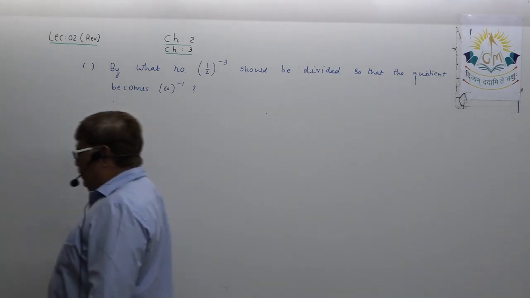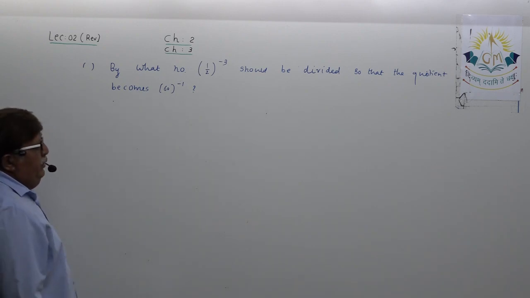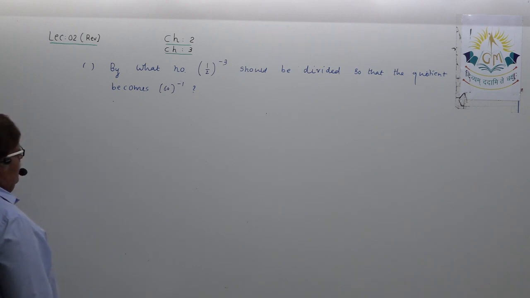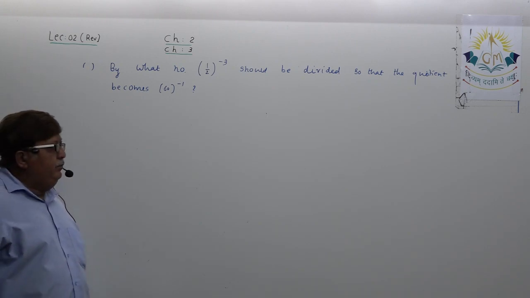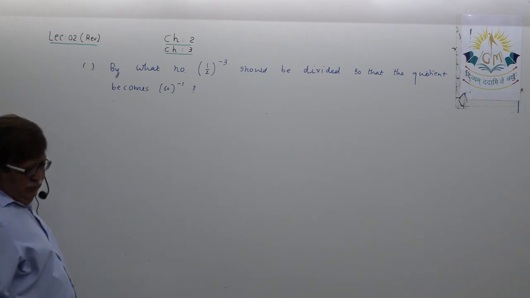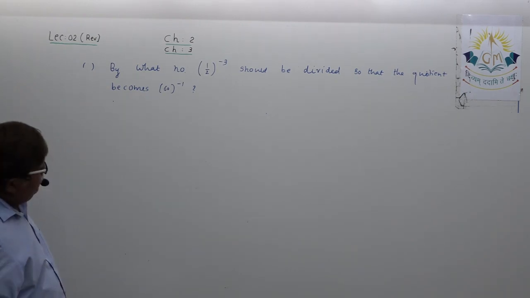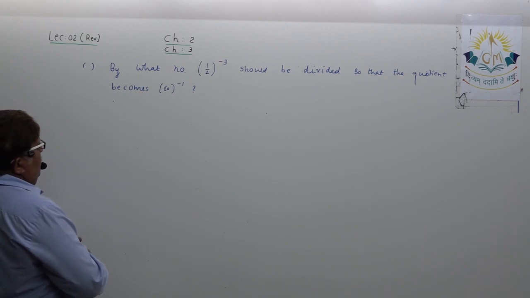By what number should 1 upon 2 raised to minus 3 be divided so that the quotient becomes 60 raised to minus 1? This is the question. Just verify and start solving it.